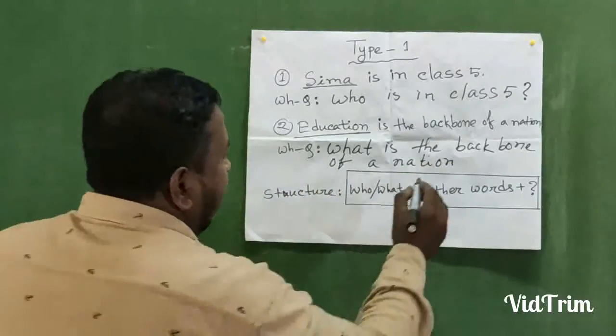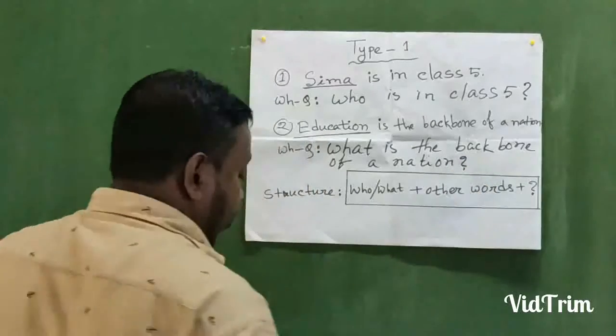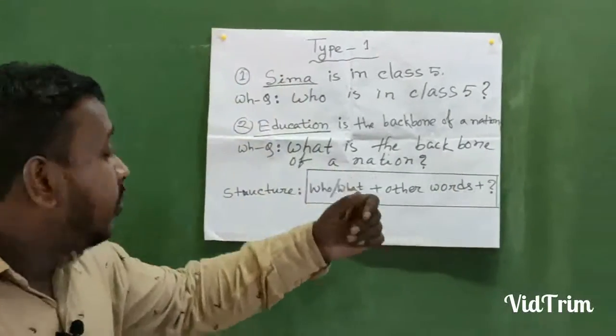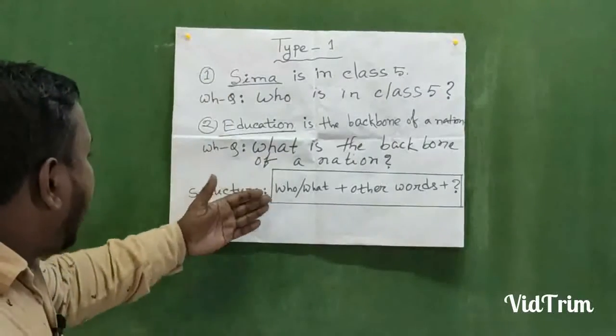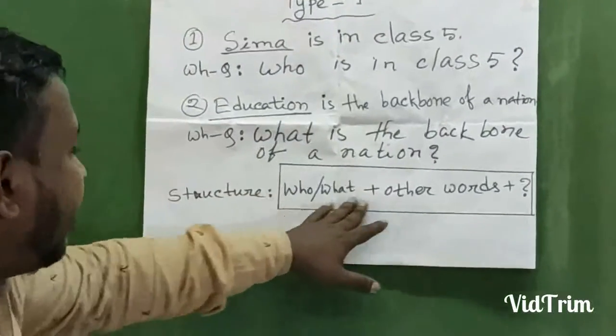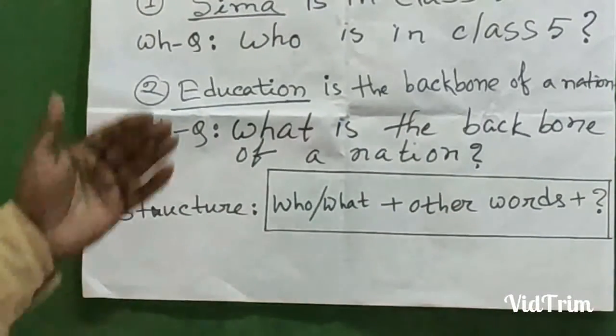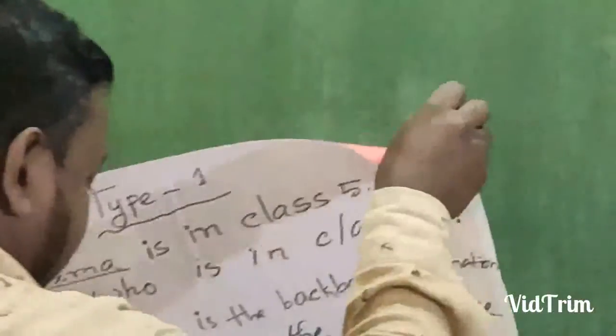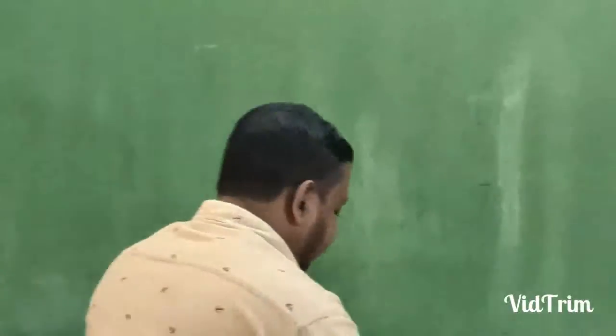And we have to put a question mark here. So for this type of given sentence, we will make the question by this structure. Now type 1 is finished. Let's see type 2.